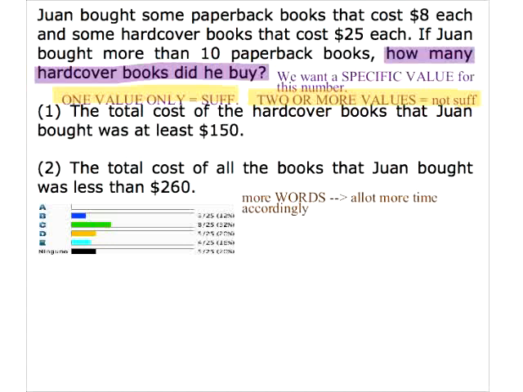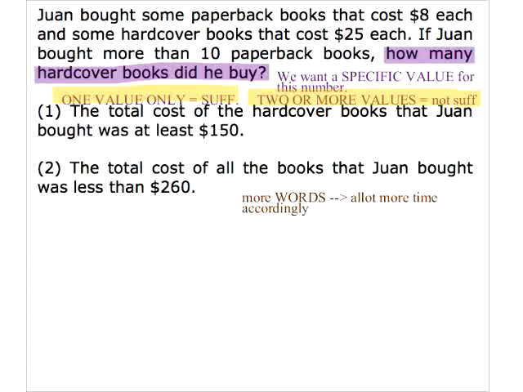Let's take a look. The paperback books are $8 a piece. The hardcover books are $25 each. And Juan bought more than 10 paperback books. Since this is a word problem, it also helps to organize it. Let's just see what's going on.